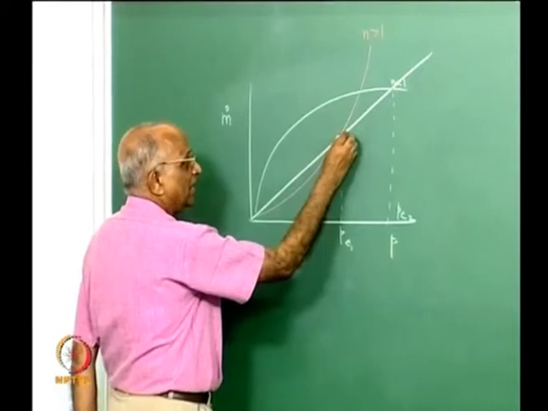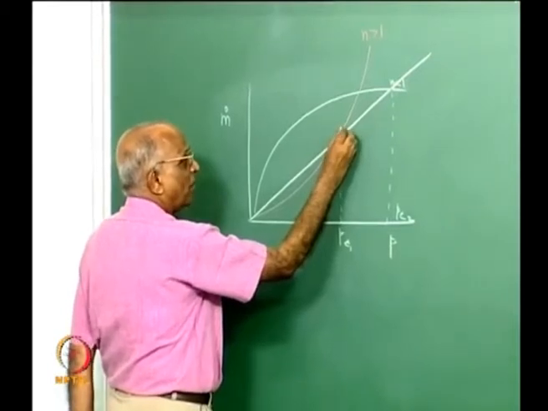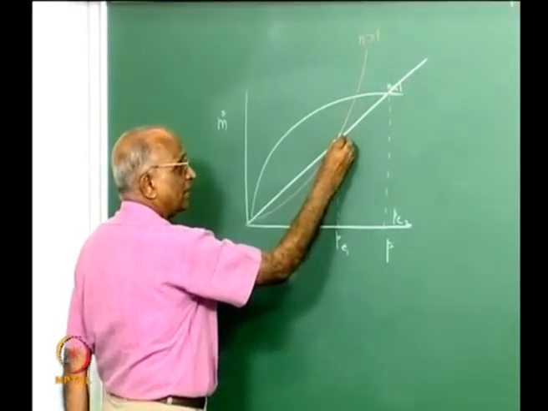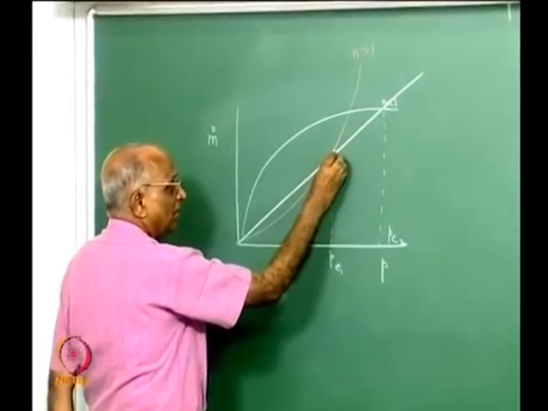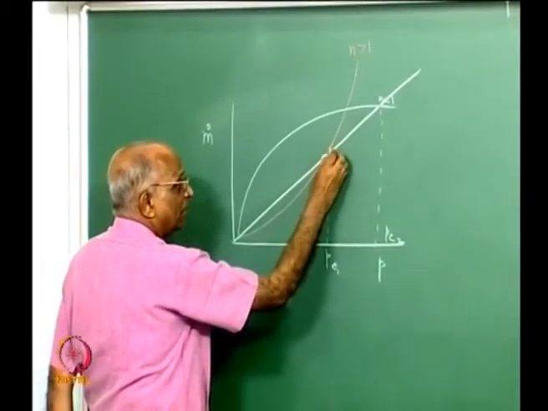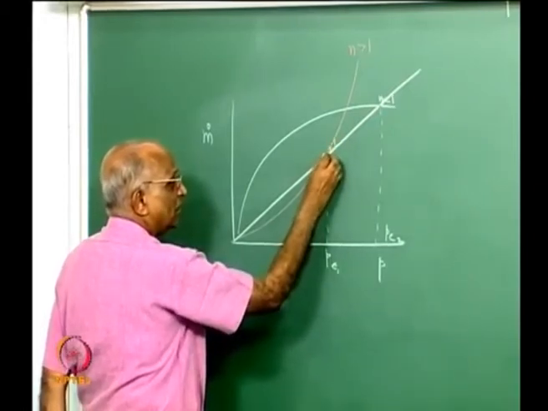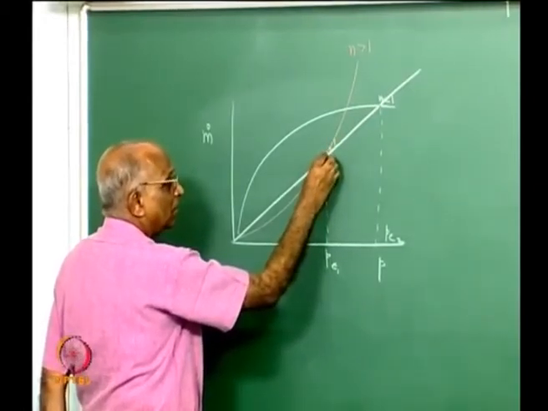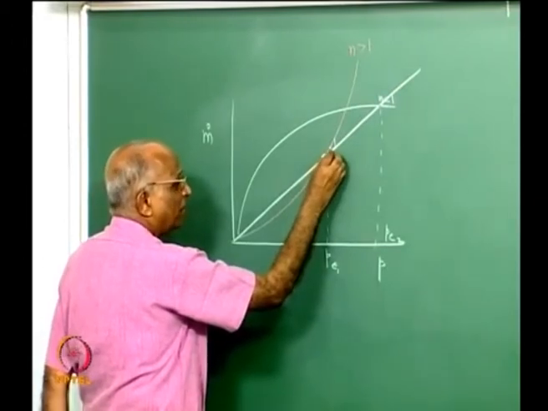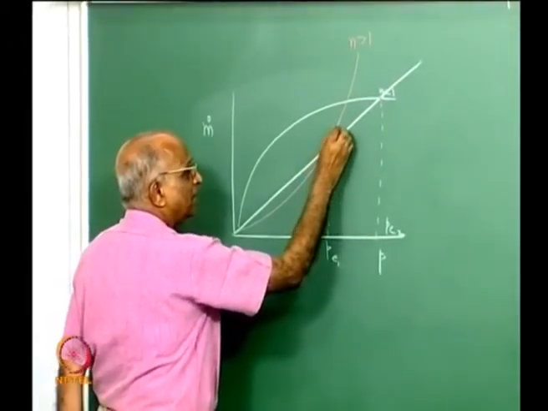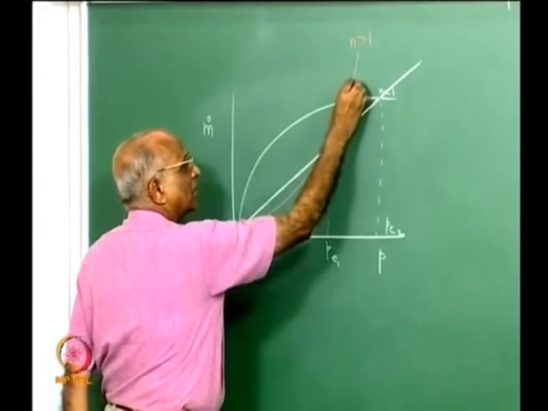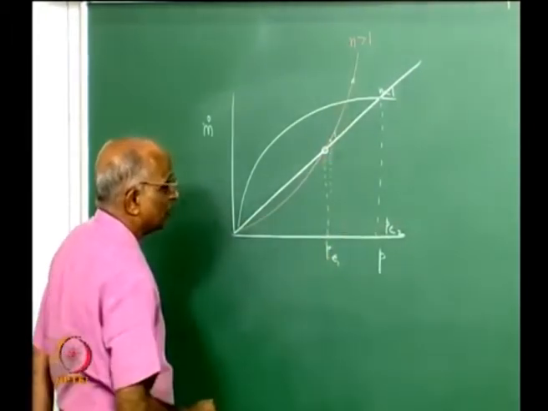Since the pressure is slightly higher, what we find at this point is that the mass generation rate is higher than the mass which is leaving the nozzle, therefore pressure will further increase. When pressure further increases, the mass generation rate is further increased, therefore this point cannot be a stable equilibrium point, but any small perturbation will make the pressure increase further and further till the motor ruptures.